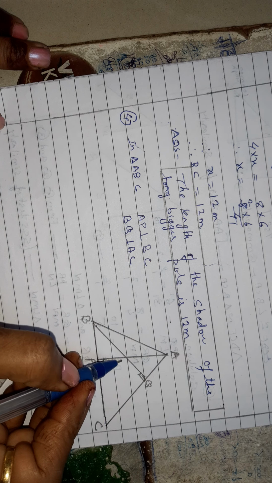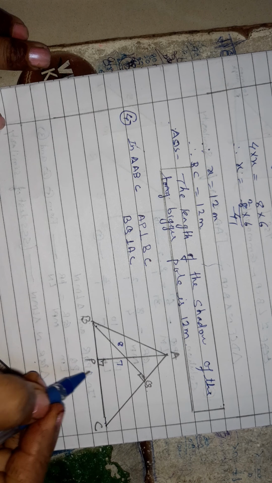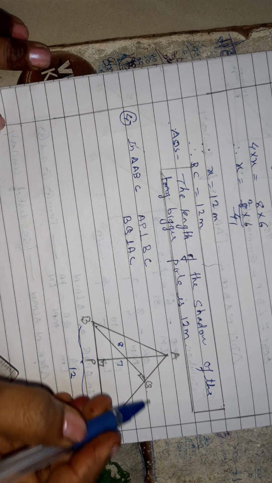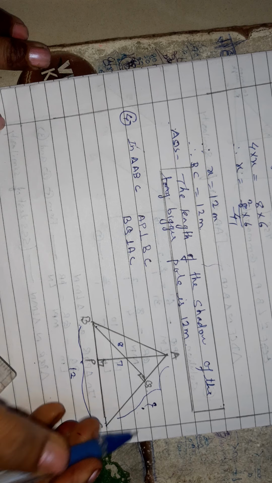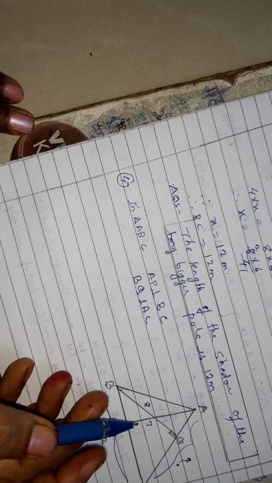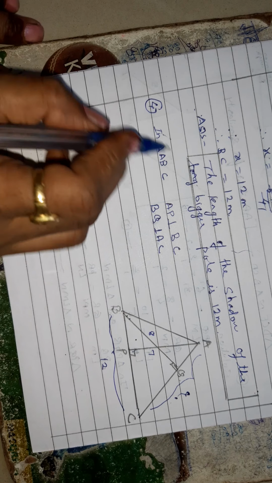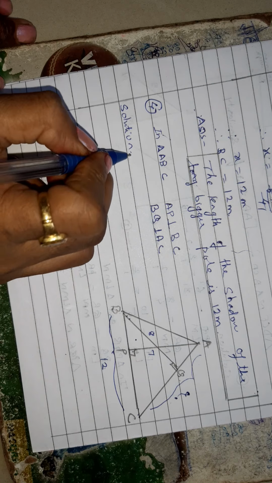AP is 7, BQ is 8, BC is 12. We have to find AC. First we have to prove that they are similar and then you have to find out the measurements. So first we are going to prove the similarity of both the triangles.